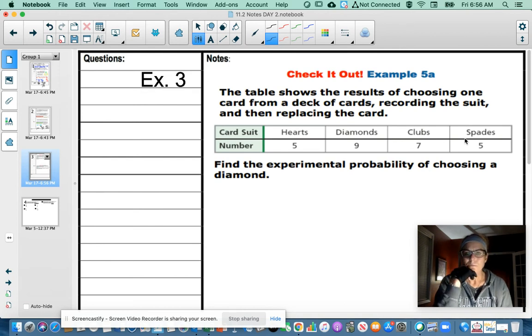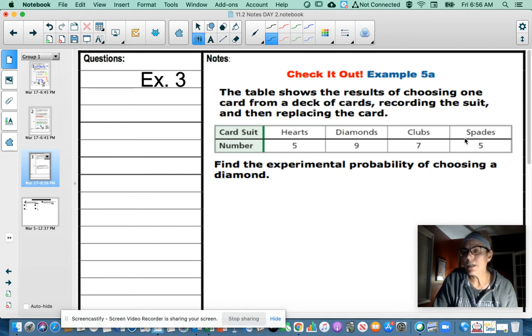Example 3. The table shows the results of choosing one card from a deck of cards, recording the suit, and then replacing the card back in the deck. Find the experimental probability of choosing a diamond. All right, so here's how we interpret this.